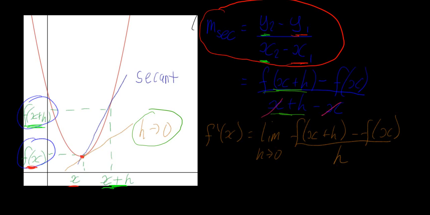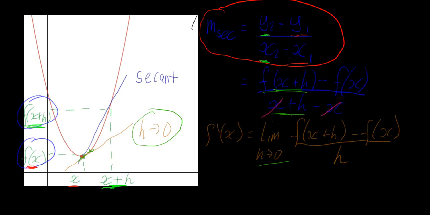So a way to express h to be very close to 0 is by saying the limit of h approaching 0, and we use the expression for our secant from before. So this is trying to say that we're going to have a secant between two particular points, maybe this red dot over here and another one over here, except they're infinitely close to each other.